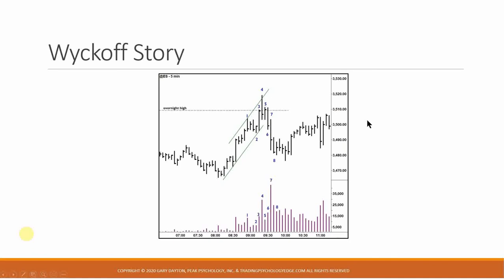And if we add the higher time frame structure, which in this case happened to be the overnight high, from the other day, I think. Everybody with me so far? We add in structure here, and then we start looking at the individual price actions.